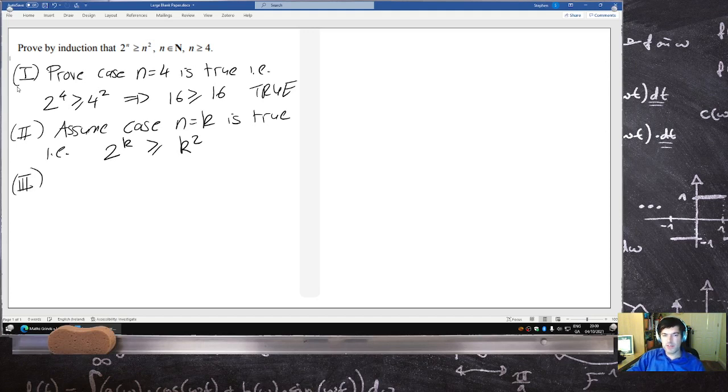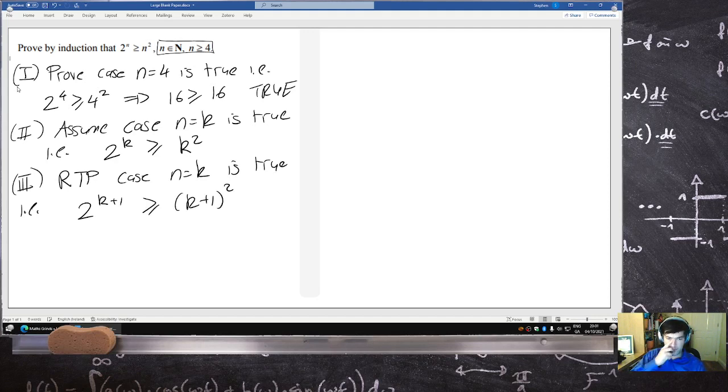Actually, I probably should really write that down. This is part of the statement too, but anyways, you get the idea. Required to prove case n equals k plus 1 is true, i.e. 2 power k plus 1 is greater than or equal to k plus 1 squared.